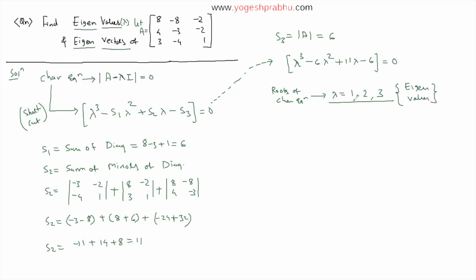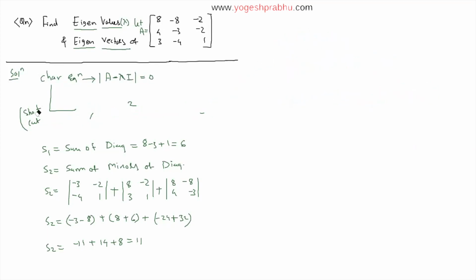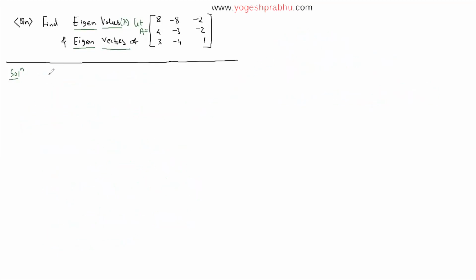The next thing we want to do is find eigenvectors. Now for every root, every value of lambda, we will have a corresponding eigenvector. So how to solve that? Now we will see that. So the eigenvalues that we have obtained are 1, 2, and 3. Okay.